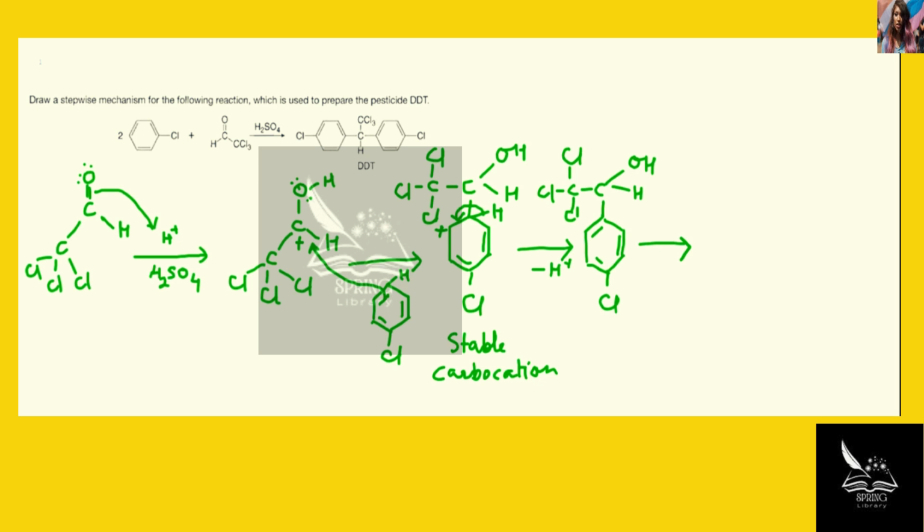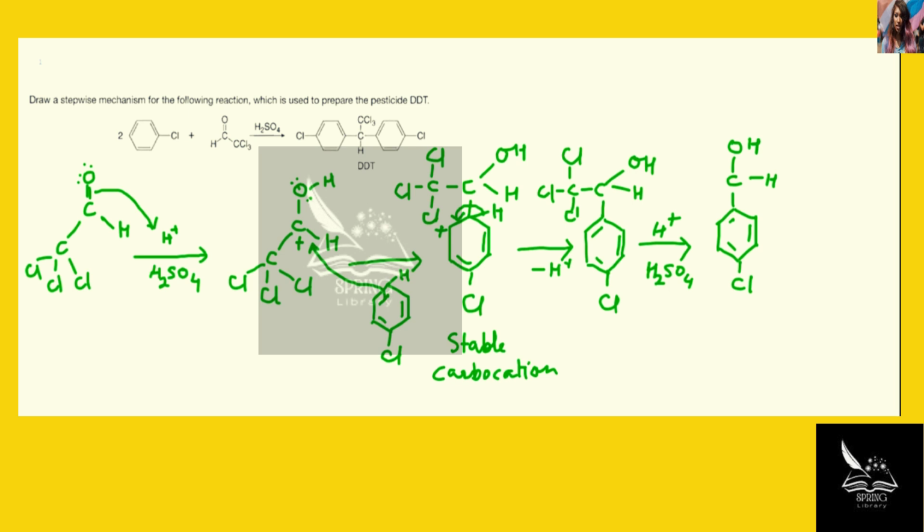Now in the next step, one proton is again accepted, which is given by H2SO4, and the product formed is chlorine at the para position with one carbon which is already joined, having one hydrogen, and OH is already present, and at this point it is accepting one hydrogen.